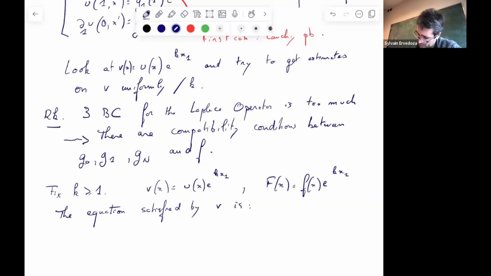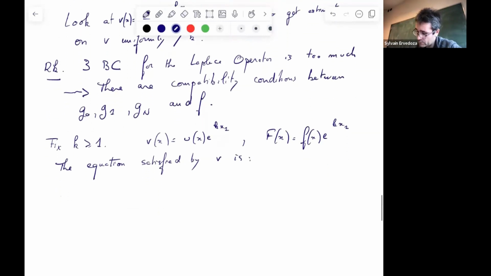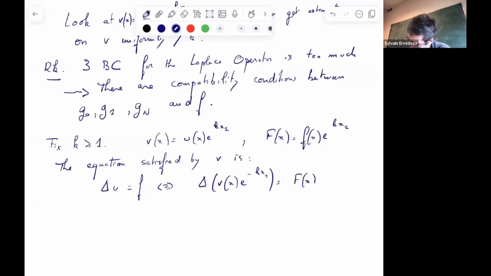So this is a simple computation, right? Set v(x) = u(x) exponential k minus 1. So you just write that Laplacian u equals f. This is equivalent to saying that the Laplacian of v(x) exponential minus kx1 equals f(x) exponential minus kx1.